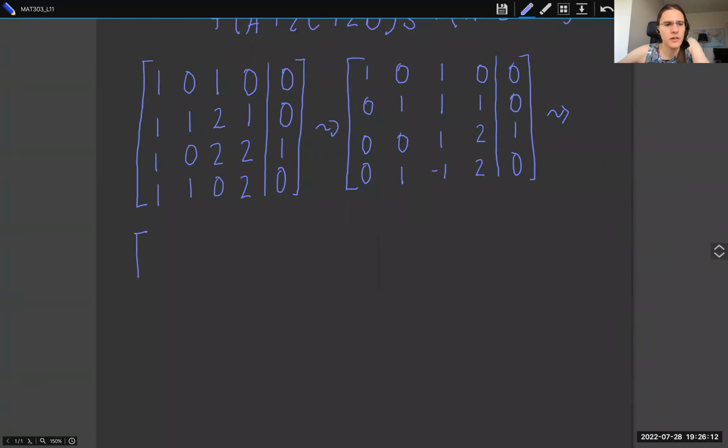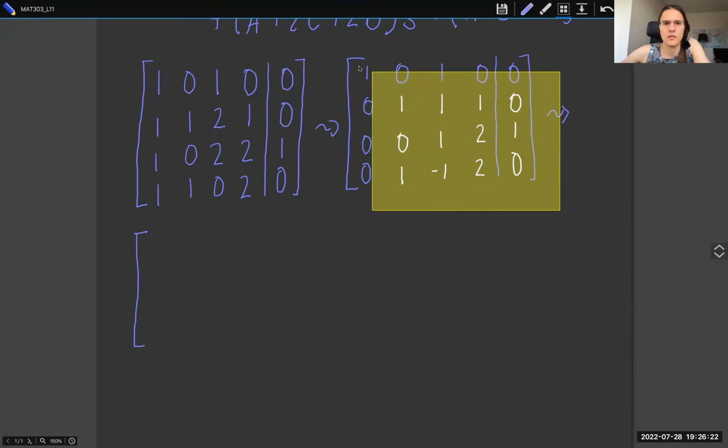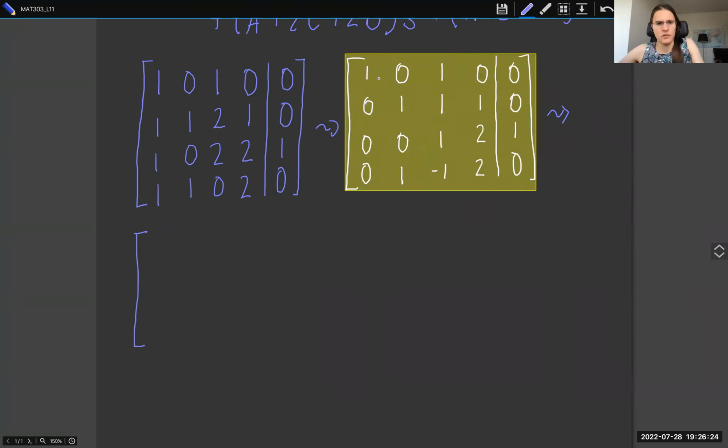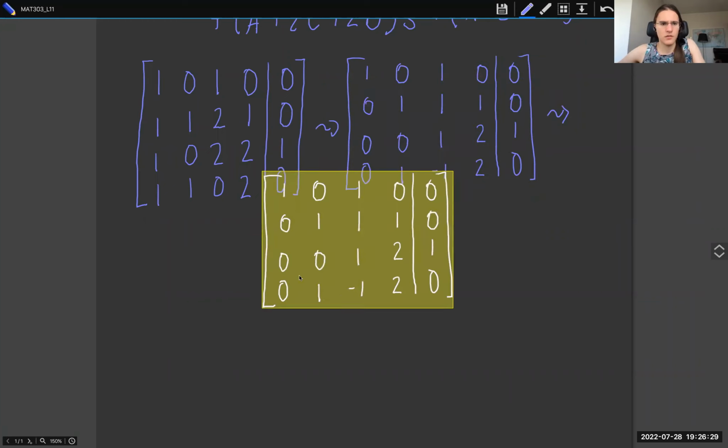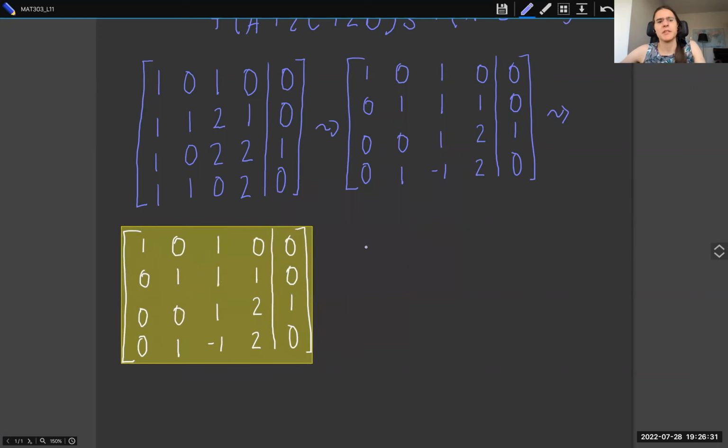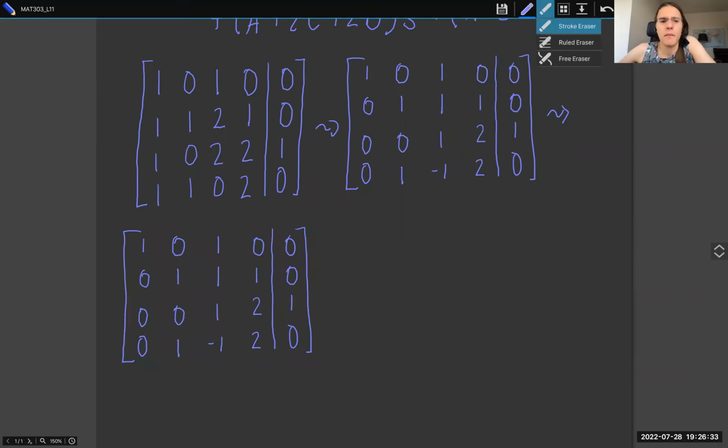Okay. Let's get rid of this entry. I should be copying these matrices more. Let's get rid of this entry.